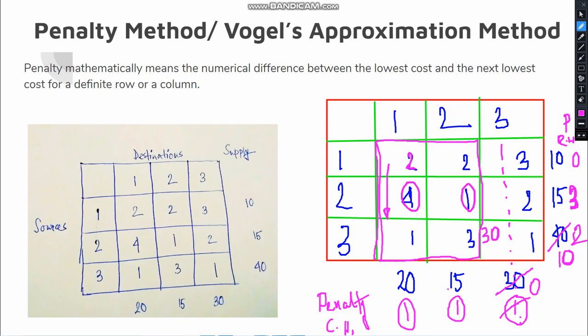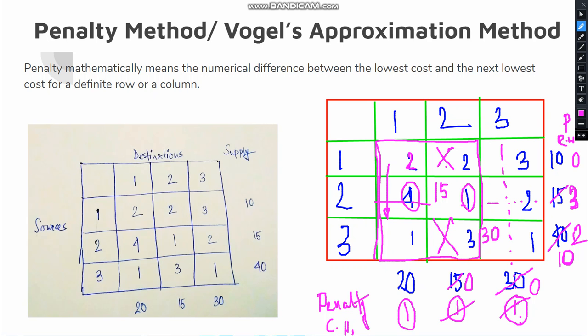So what we'll do, we will allocate this 15 here, so that this row is exhausted, and let us give a cross here, so that this is also exhausted, and there is no requirement of this penalty. Okay, so we are done with these two columns.